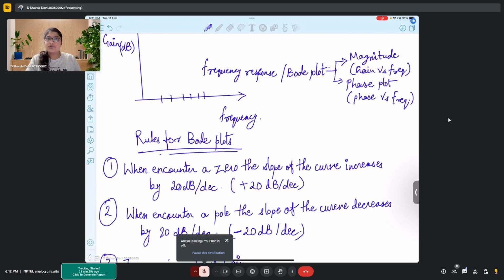So both magnitude and phase plots are equally important. It's just that magnitude plots are more common for analysis compared to phase plots. But both are available.